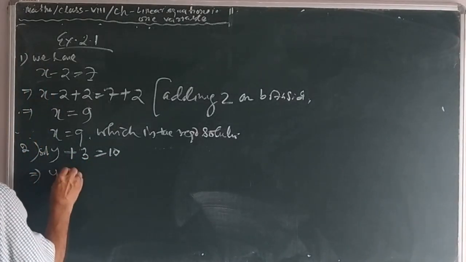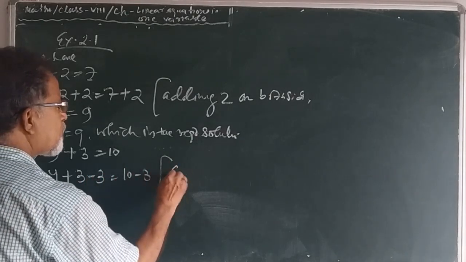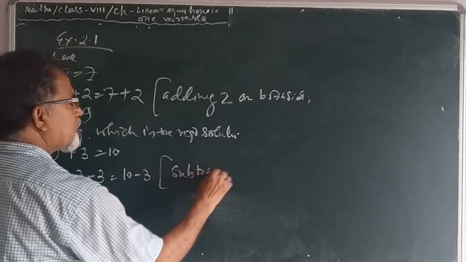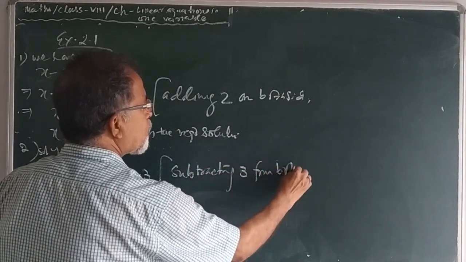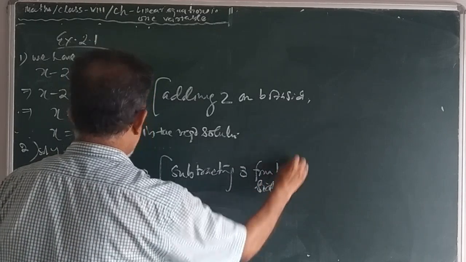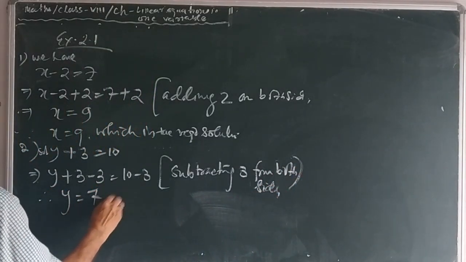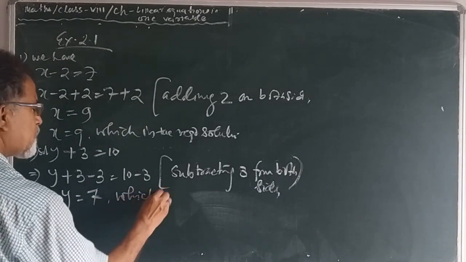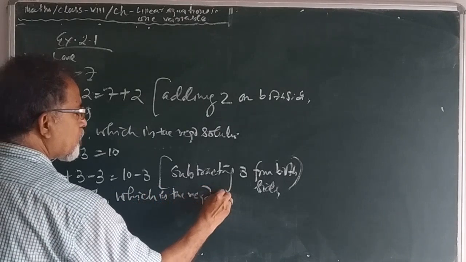It implies that y plus 3 minus 3 equal to 10 minus 3, subtracting 3 from both sides. Therefore y equal to 7, which is the required solution.